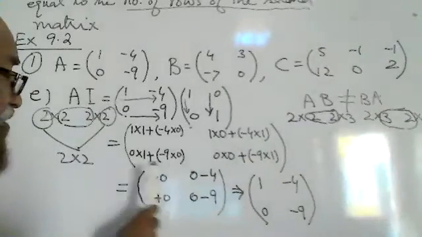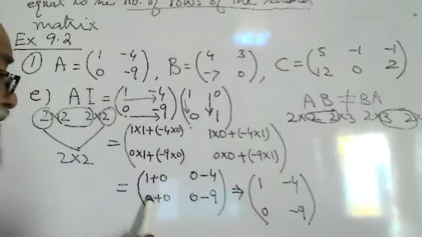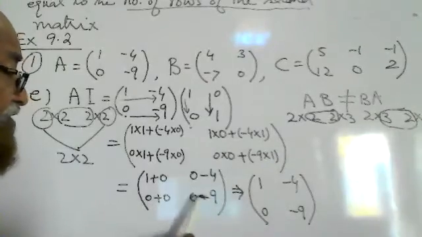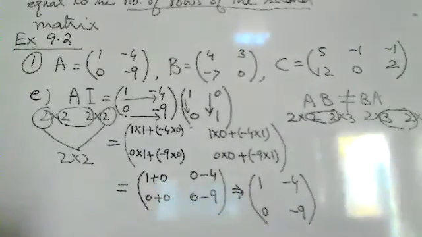Further simplify: 1 plus 0 will be 1. 0 minus 4 will be minus 4. 0 plus 0 will be 0. 0 minus 9 will be minus 9. This is the final answer.